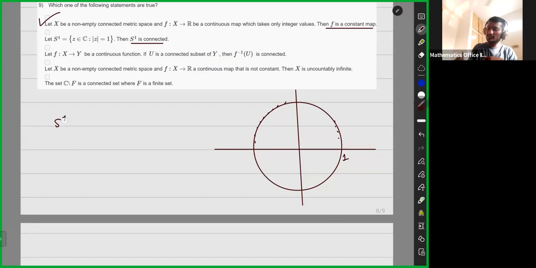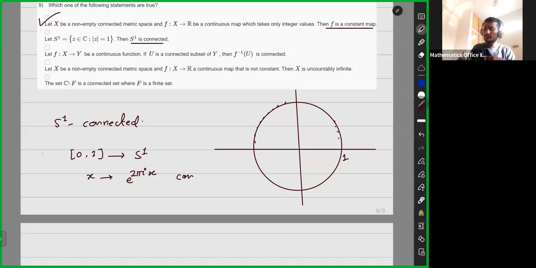I will say S1 is connected. I will explain why. Someone said that it is path connected. It is very fine. This is actually a single path, I will say. We have this map from [0, 1] to S1, x goes to e^(2πix). This is a continuous map, and this is a single path.